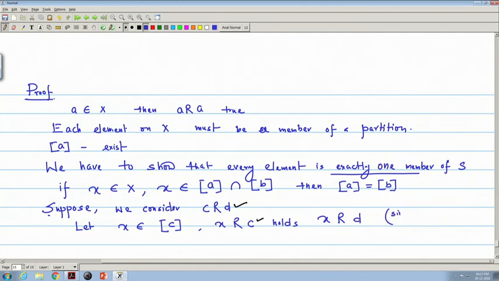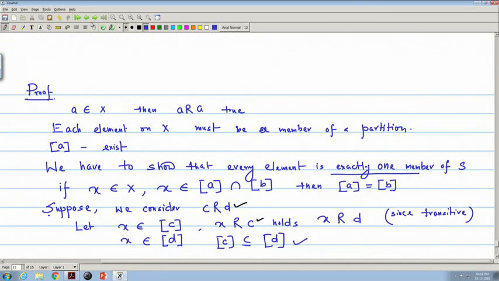Since x R D, that means x belongs to [D] also. So, I can tell that all elements belonging to [C] are a subset of [D].